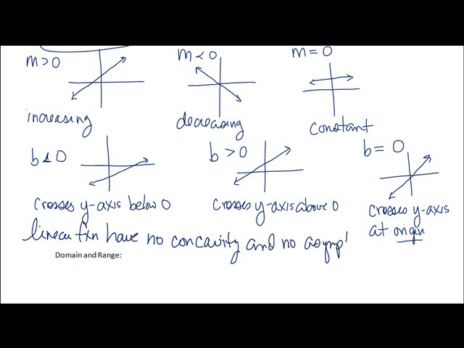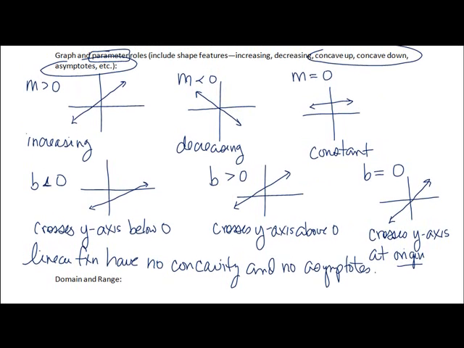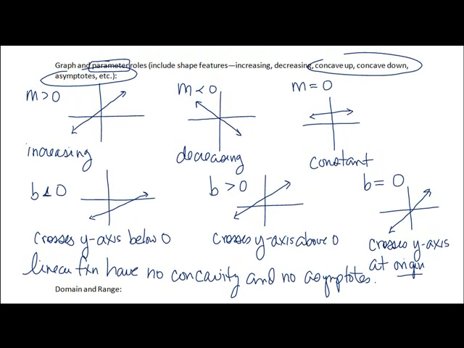Now, of course, what you turn in to me is going to be a lot neater and better organized than that, but that's giving you an idea. You want to be as specific as you possibly can in the graph and parameter roles section here.